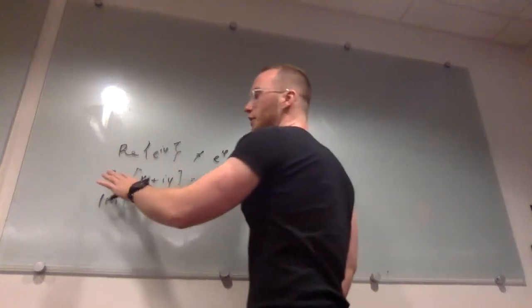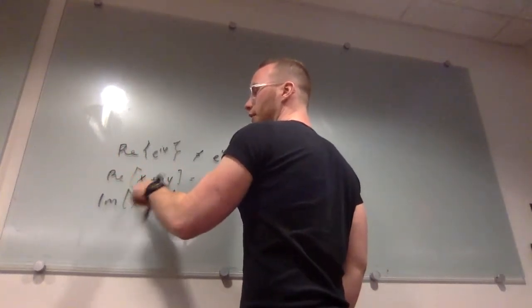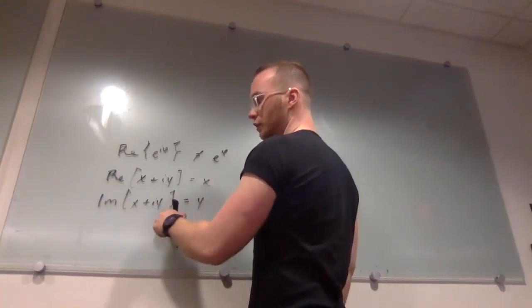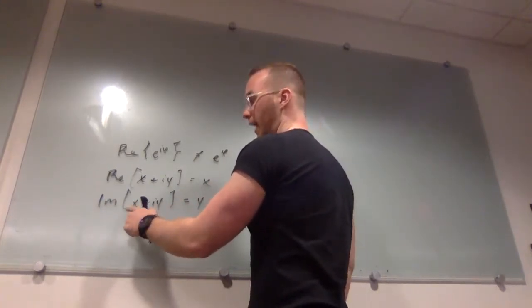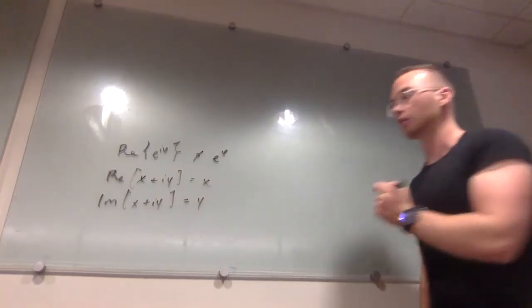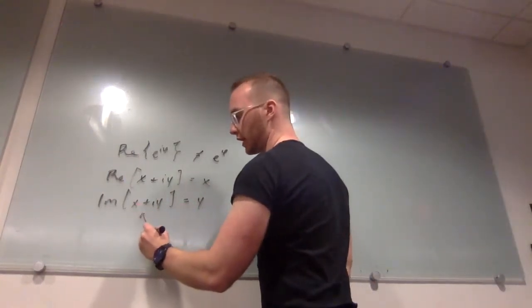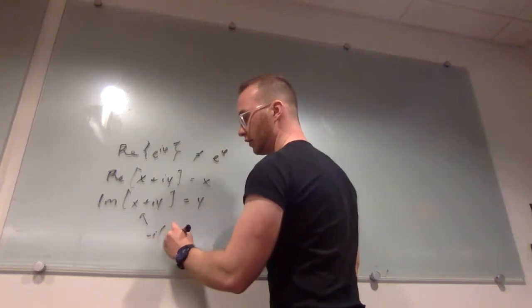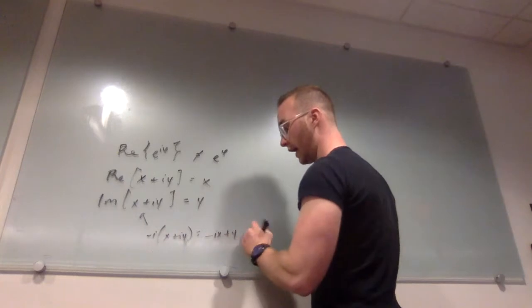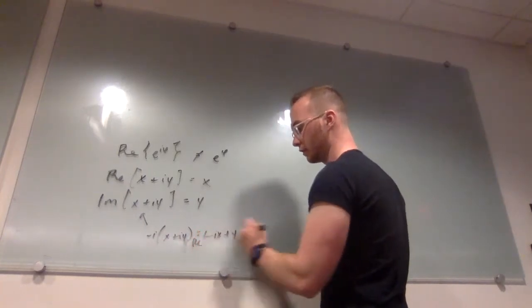For example, if you wanted to get y out of this, you could just multiply this whole thing by minus i, and then take the real part of that, and it would be y. So if you take this thing times minus i, you get minus ix plus y, and the real part of this is y.